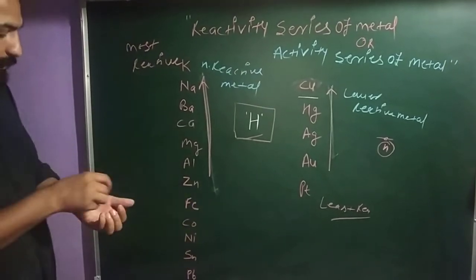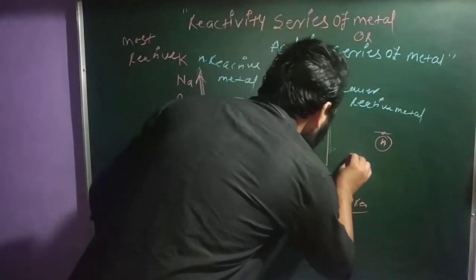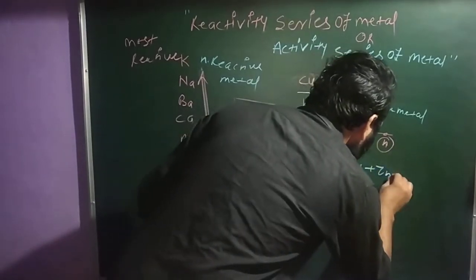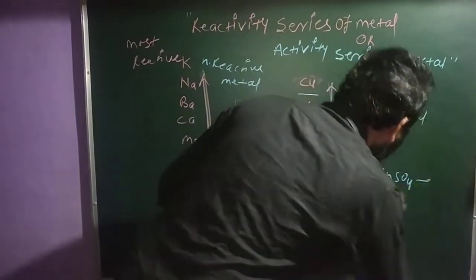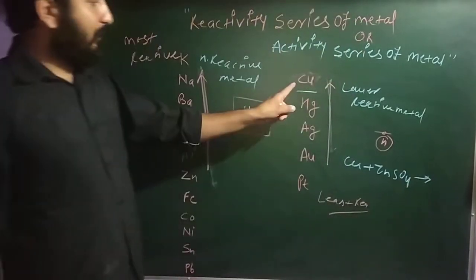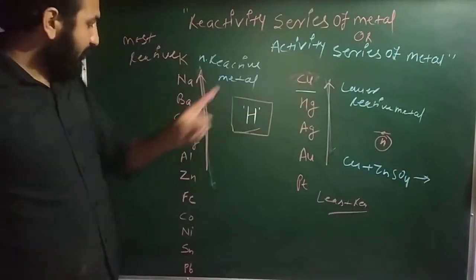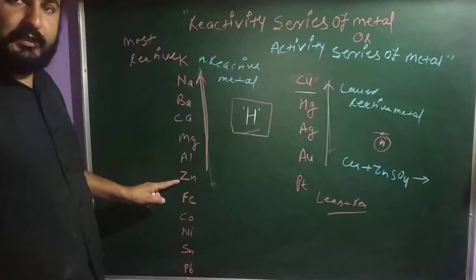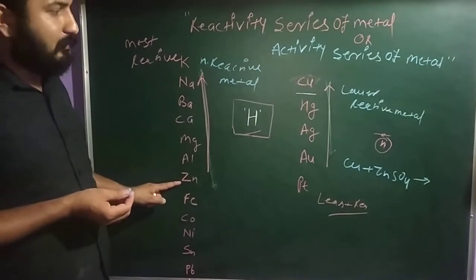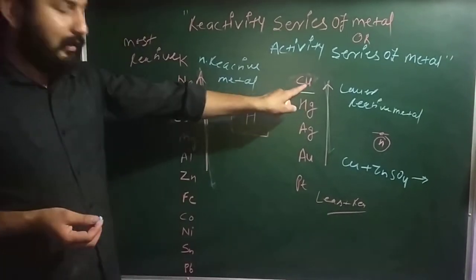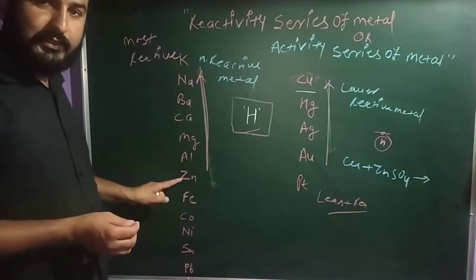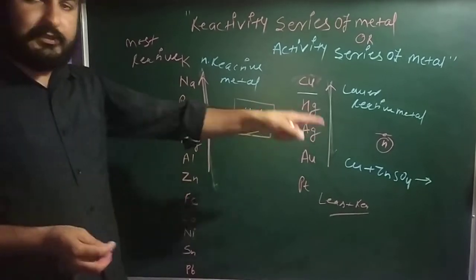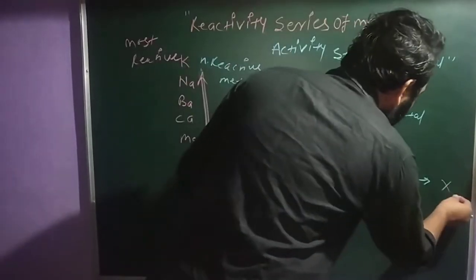Clear? In your last example you have copper plus zinc sulfate. Copper is here, the lower reactive, and zinc has the higher reactive tendency. So it is not able to displace zinc from its zinc sulfate solution. So you can write here there is no reaction.